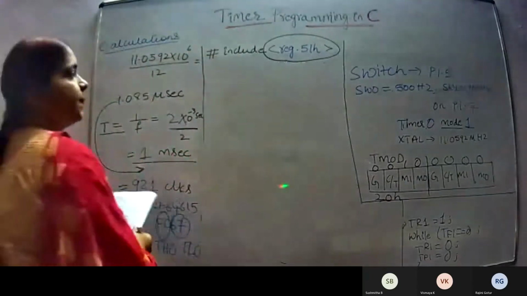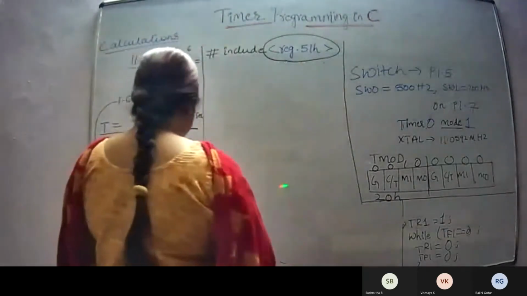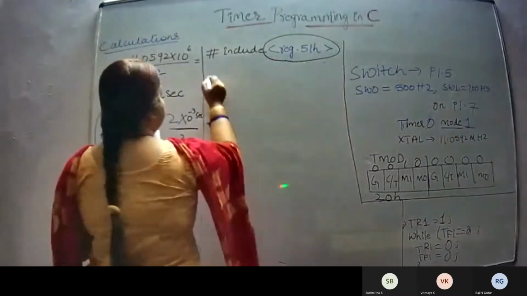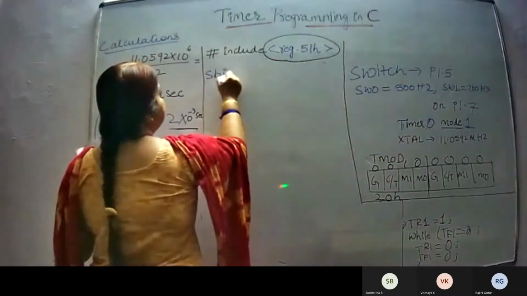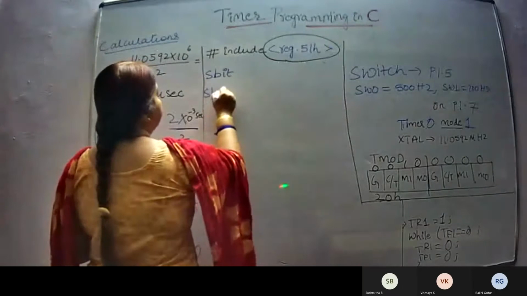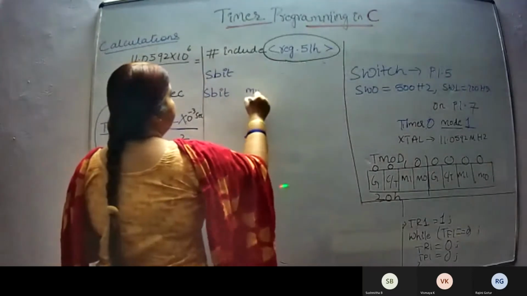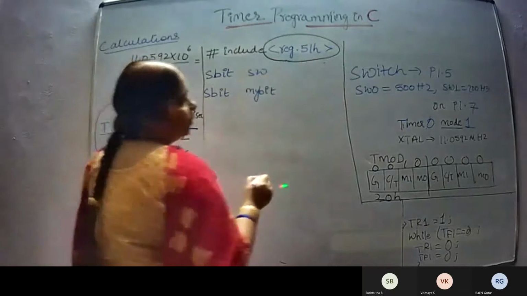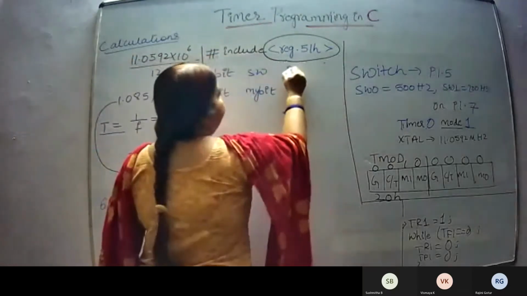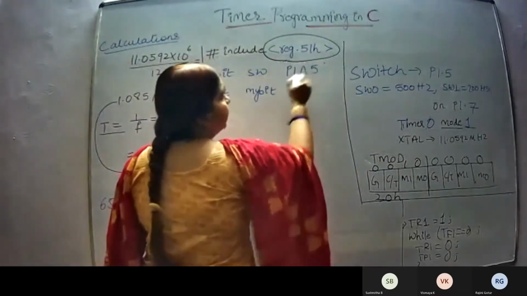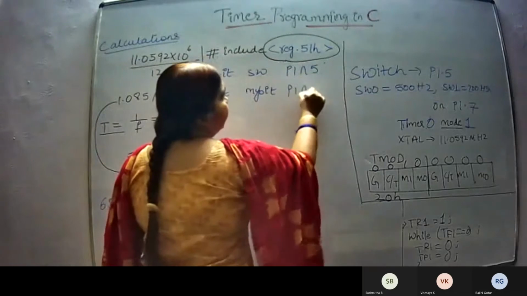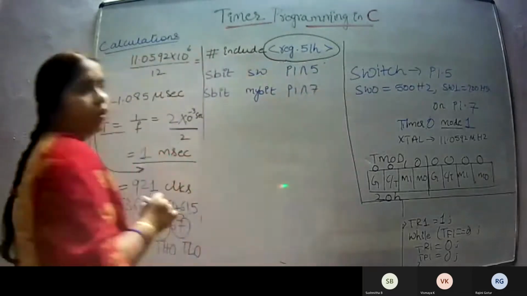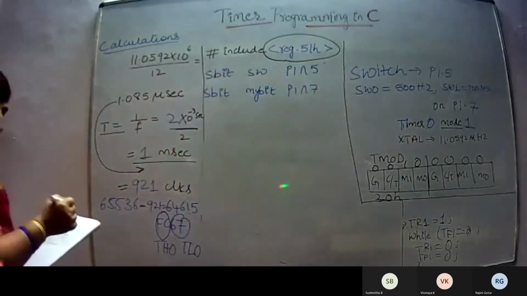We have two bits here, one is P1.5 and one is P1.7, so we will take two sbits. One you call my bit, and one you call switch, SW. SW is P1^5, and my bit is P1^7. Two variables are defined.